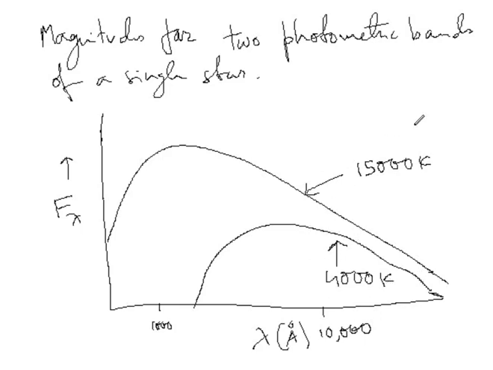These are the temperatures of the two stars. So one star is approximated by a black body having 15,000 Kelvin, another one is 4,000 Kelvin. Now let me draw the approximate positions of two photometric filters.